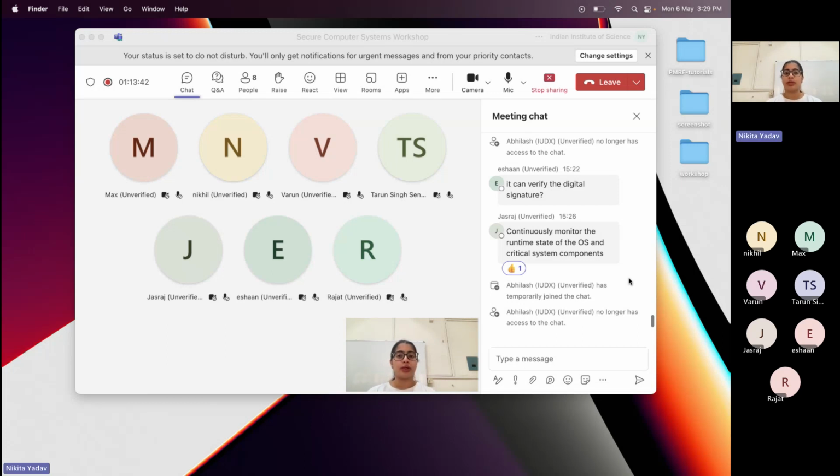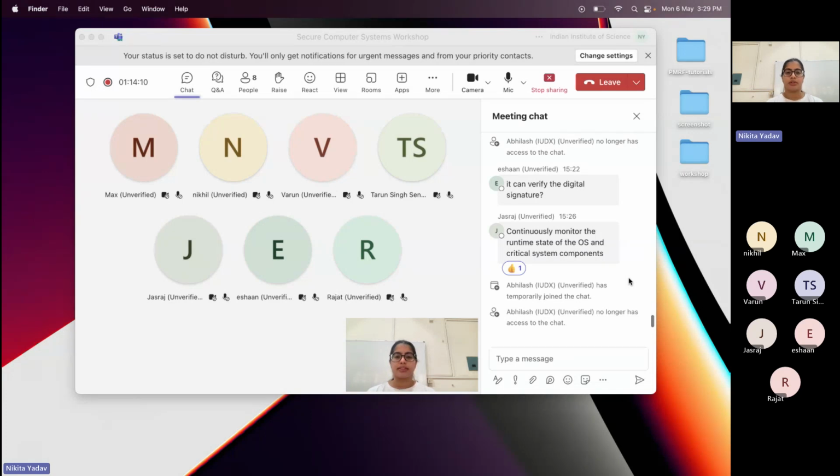So that's what we are going to look at next. I hope it's clear so far that we started with what trusted computing is, and we looked at the attestation protocol.